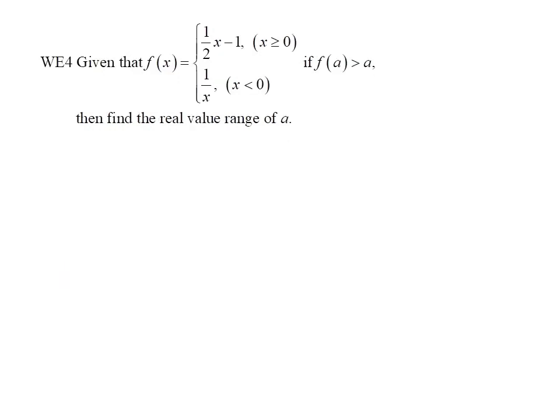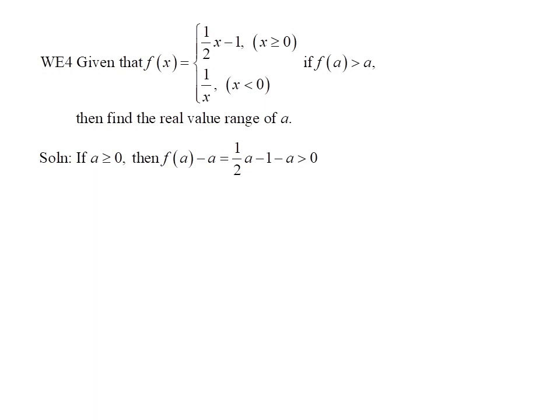In example 4, the function is a piecewise function f(x), which takes a different rule over different subsets of its domain. The question is to find the real value range of a given that f(a) is greater than a. Since f(x) is a piecewise function, we have to start with the discussion of the value range of a.